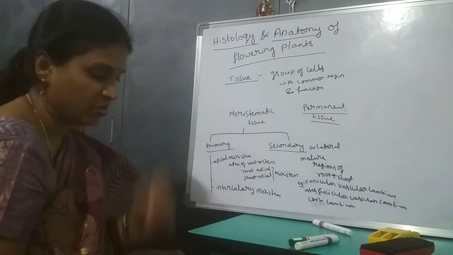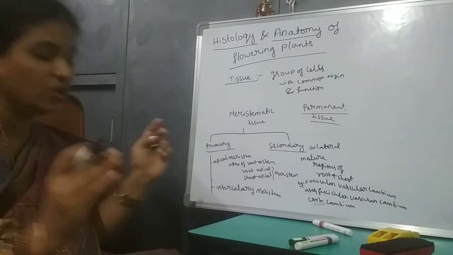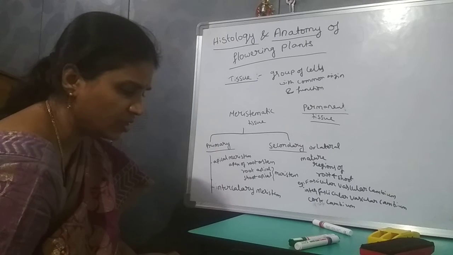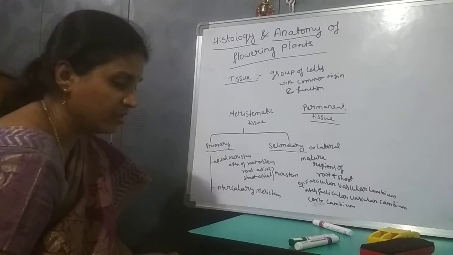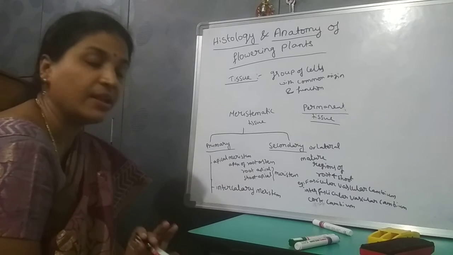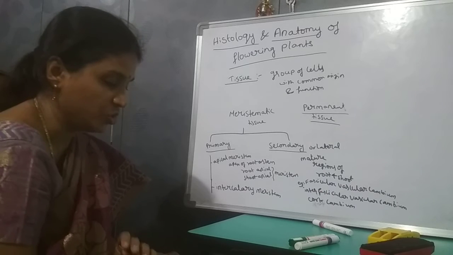All these are the secondary meristems which are useful for the increase of the woody stem. They are helpful for the production of the secondary tissues.